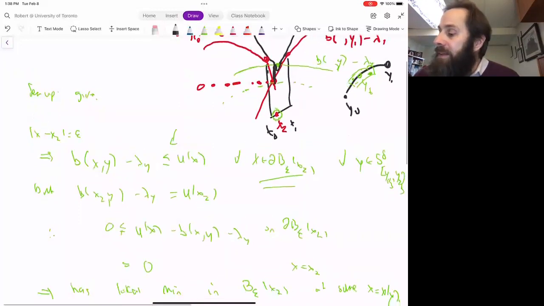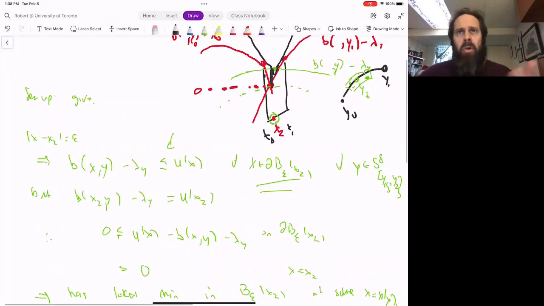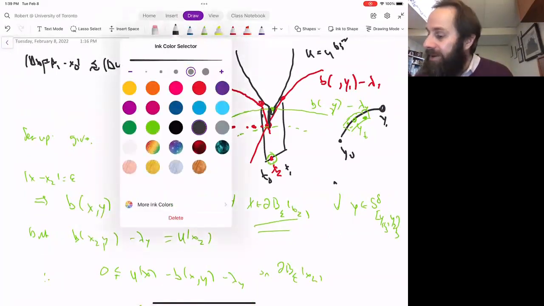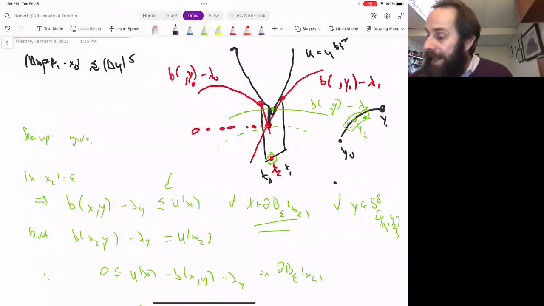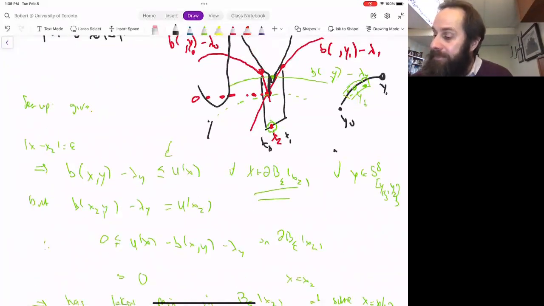And then basically we had a lemma two classes ago that said that if you're a local supporting plane copy of B, then you're a global supporting copy of B. So you might worry that somewhere far away from this picture, this black curve comes down and passes through the green curve again. And basically our local-global result says this can't happen.